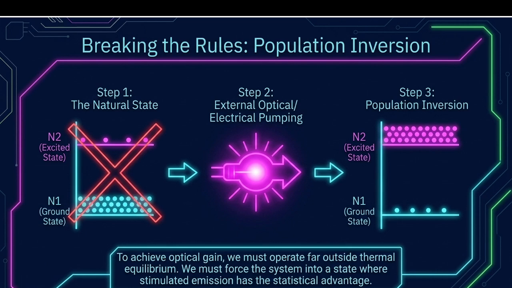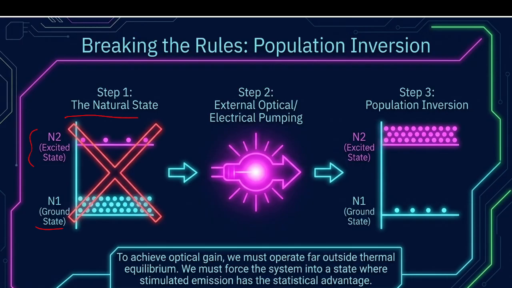But while breaking the rule, population inversion, is it possible to get more atoms at the excited state compared to the ground state? So the natural state, this is the phenomenon.